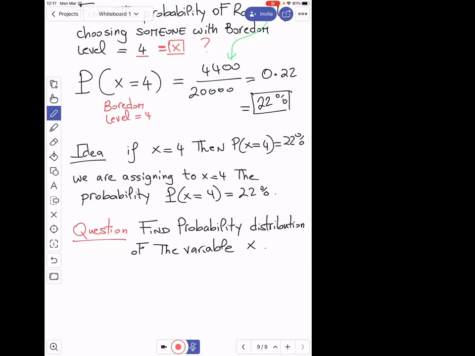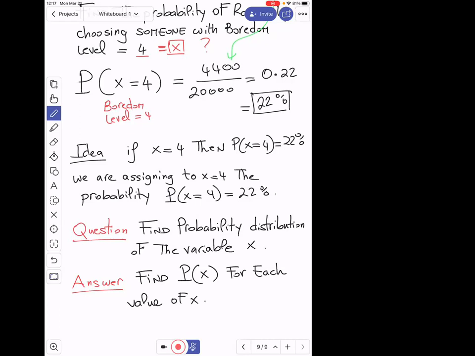To answer this question, we need to find the probability of x for each possible value of x.